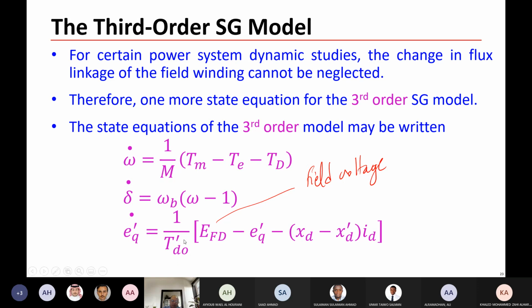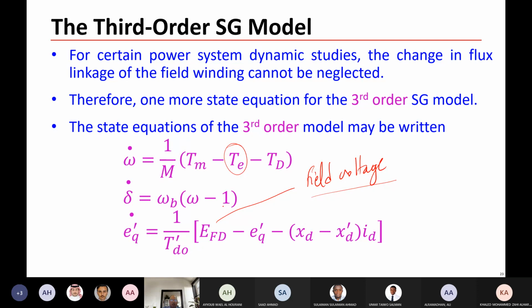So this equation will be added here. We will see the derivation of this equation in a few minutes. And of course, these are the three differential equations. What about the algebraic equations that support this one?